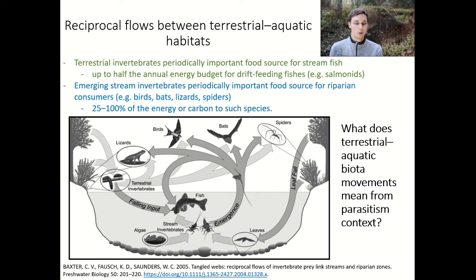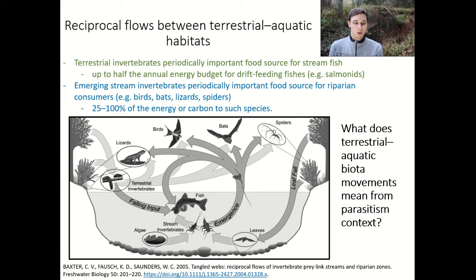The other way around, scientists found that 25 to 100% of the energy or carbon of riparian consumers, for example birds, bats, lizards and spiders, originates from invertebrates that lived in the stream as larvae and emigrated from there as adults.